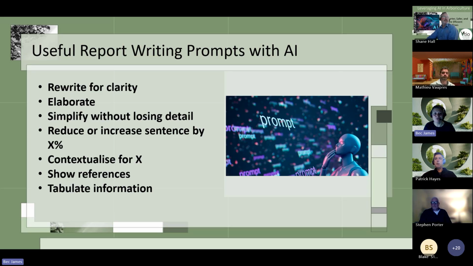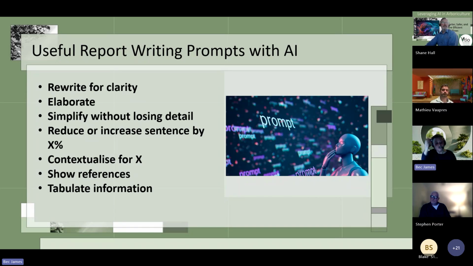If it's not sure, it can make things up, okay? And this is really important. So if you're asking AI to be your field assistant and do a bit of research for you, also ask it to show where it got that information. It will give you hyperlinks to where it found those pieces of info, which you can then cross-reference to make sure you are using contemporary and accurate references.